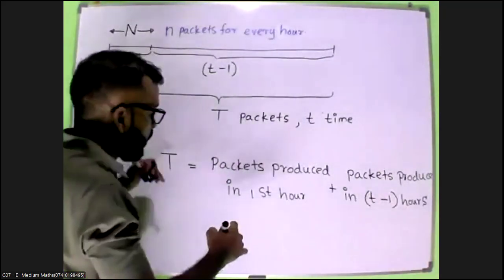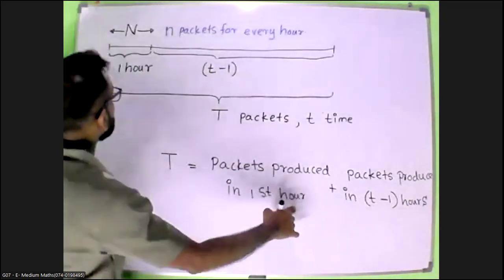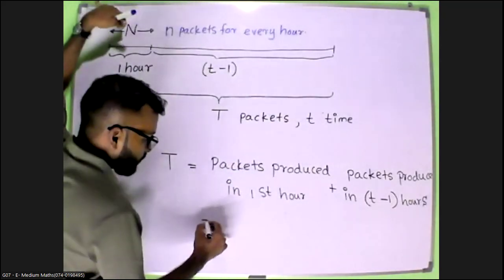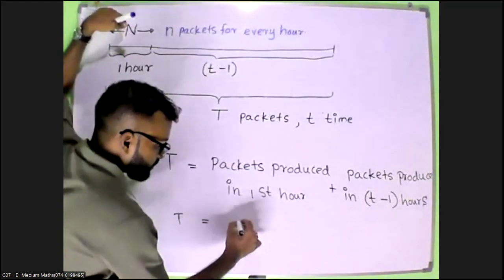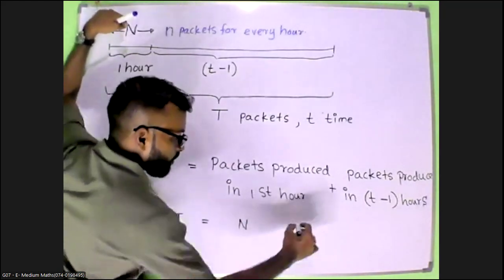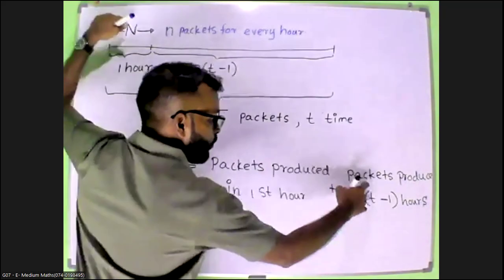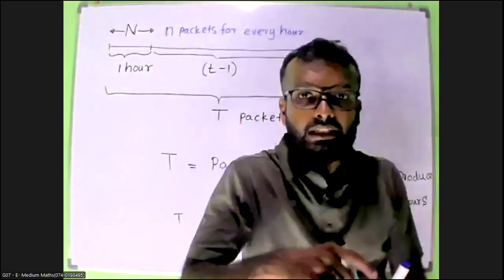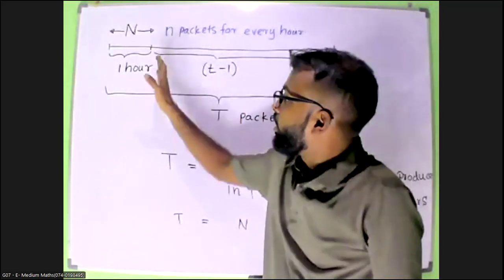So packets produced in the first hour is capital A. Capital T equals capital A, plus, how do we find this? Each and every hour after the first hour.